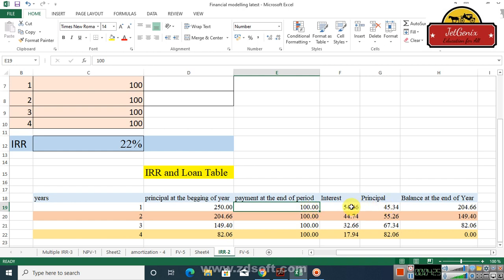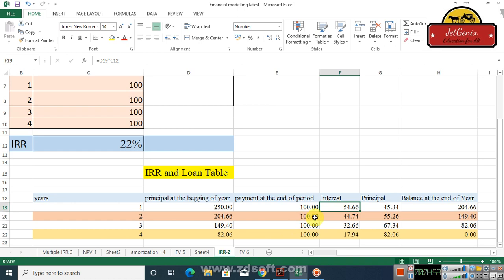And here we have taken this amount and multiplied it by the 22%, this 22% internal rate of return. So we have calculated the interest payable in this period. The interest payable is 54.66 in this case, and the remaining amount is the principal payment. So the balance of the loan at the end of the period is 204 rupees.